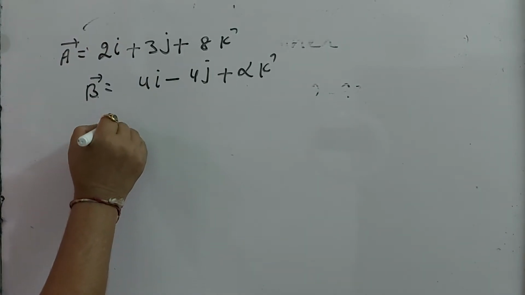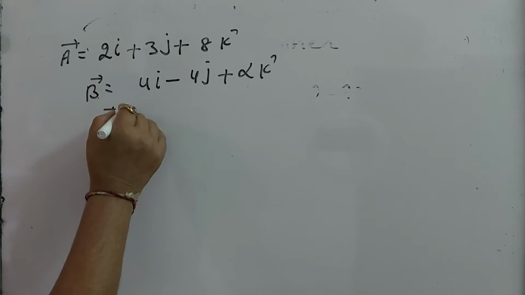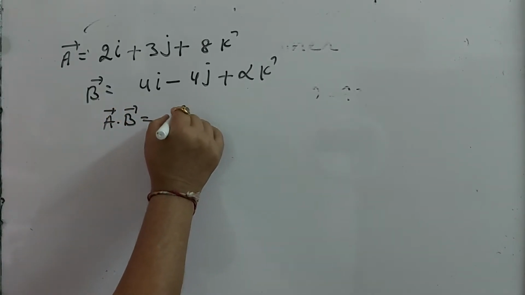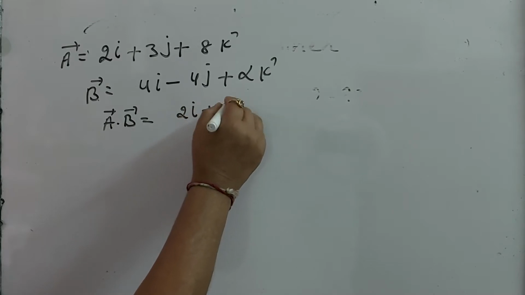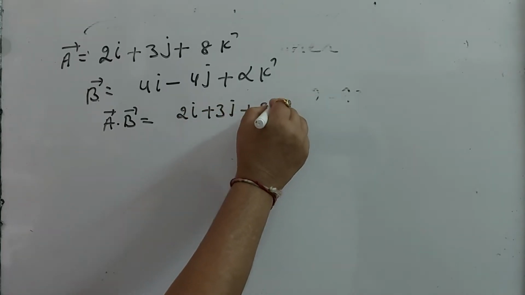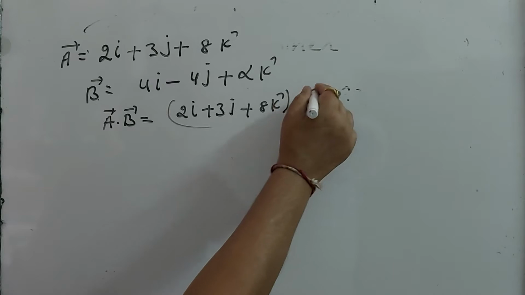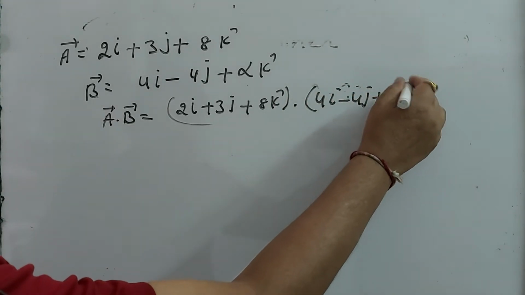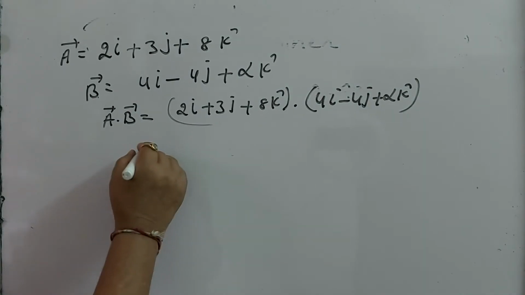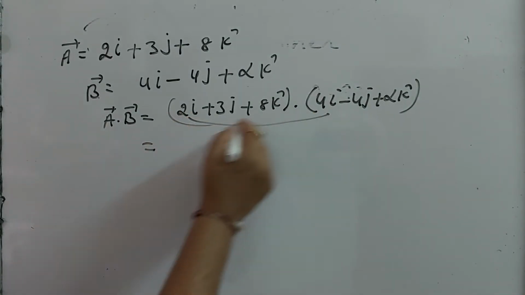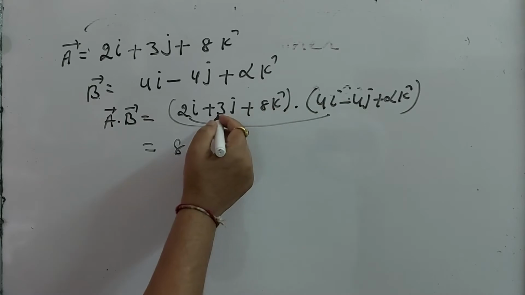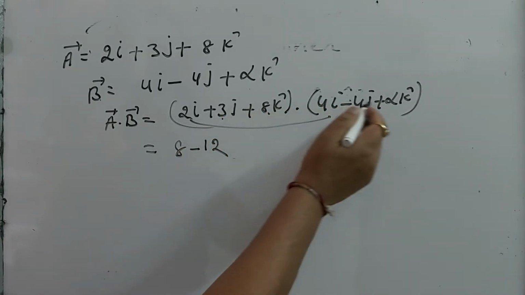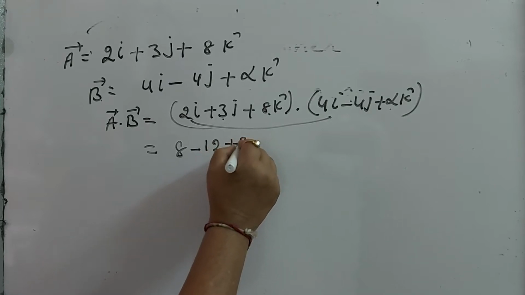It means if they are perpendicular to each other, A dot B will be equal to 0, and we say that 2i plus 3j plus 8k cap dot 4i minus 4j plus alpha k must be equal to 0. On multiplying we get 8, minus 12, and plus 8 alpha.